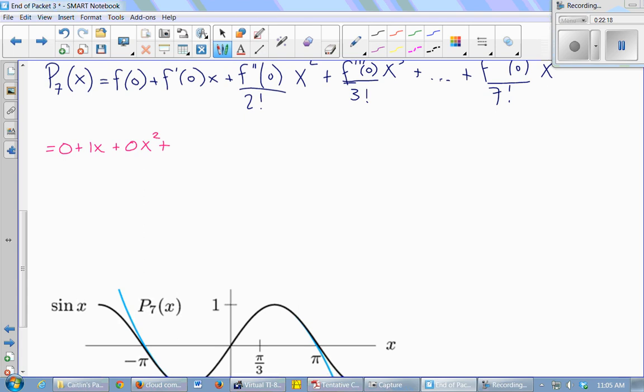f triple prime of 0 is actually negative 1, so I'm going to make that a minus. And then the fourth derivative was 0. And then the fifth derivative is positive 1.